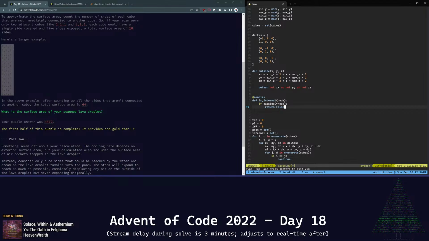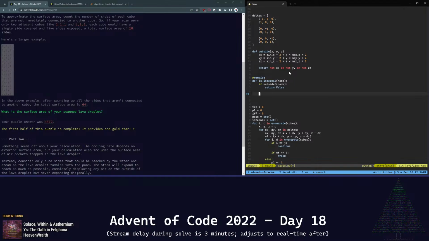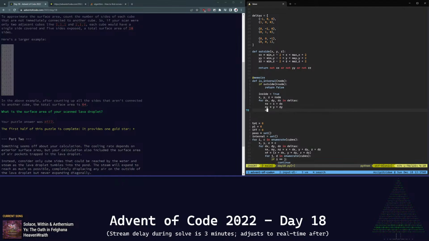Otherwise, return, and otherwise... So, if any of us can get outside, we become... I wonder if this actually is the intended solution.